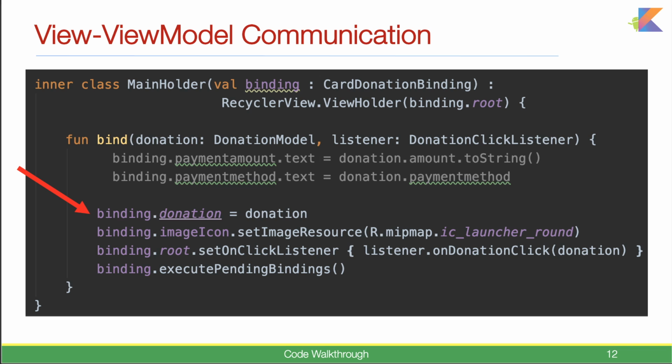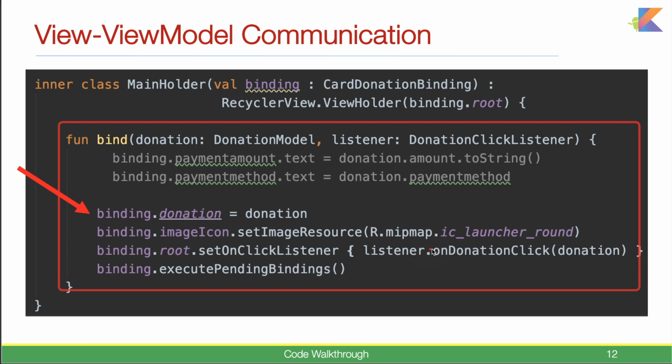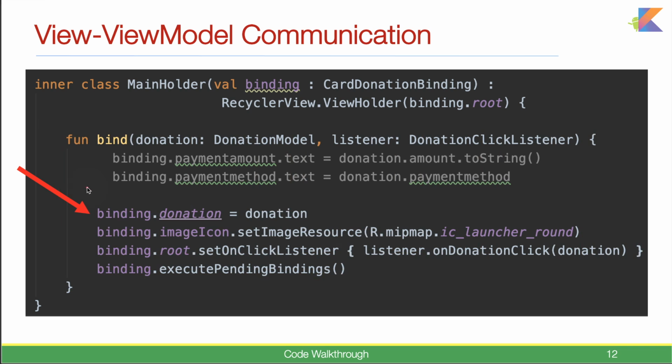If we look at the adapter, or internally inside the adapter itself, a little bit extra going on. So inside the bind, because we're using our view binding here, we're assigning, and this is why this is great, because we're not actually getting at the individual properties anymore.